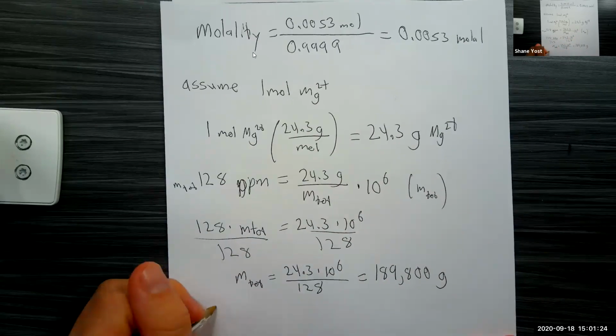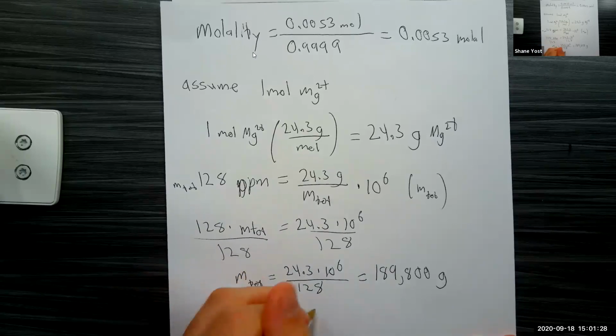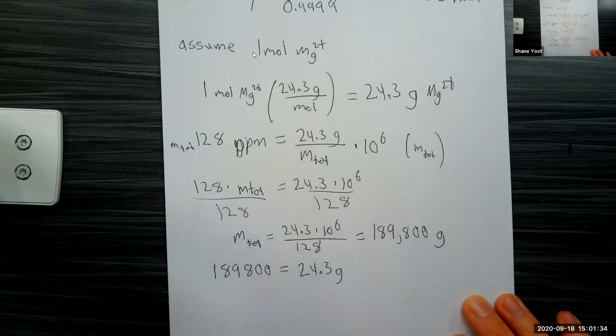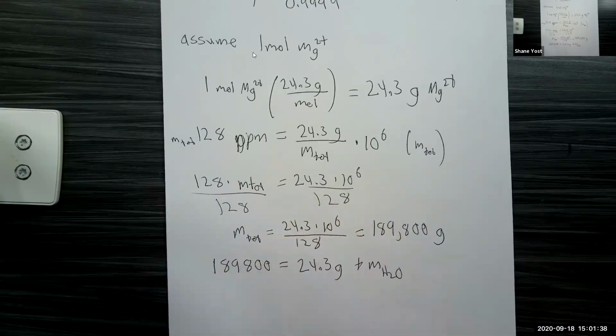And so then I take my 189,800, set that equal to the mass of magnesium, which was 24.3 grams, plus the mass of water, right?